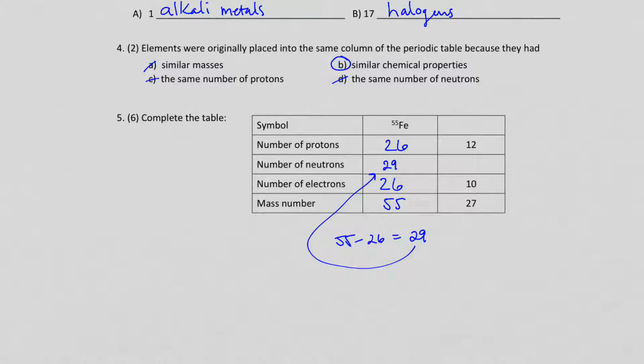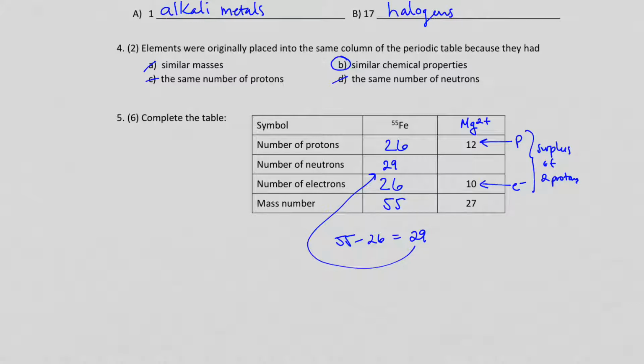Moving on, we know that it has 12 protons, and element number 12 is magnesium, so I'm going to put an Mg down there, okay? Now, if there are 12 protons and 10 electrons, that means we have a surplus of 2 protons, which means we have a 2 plus charge.